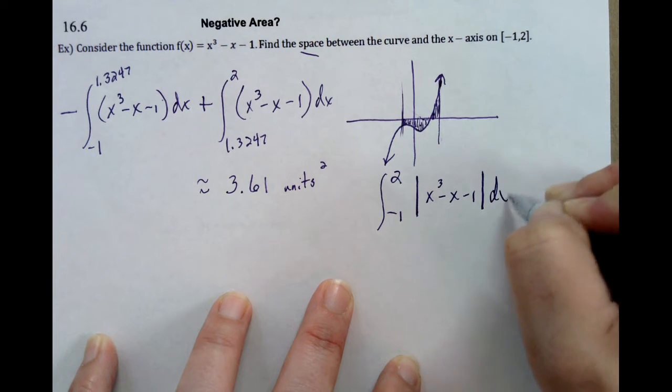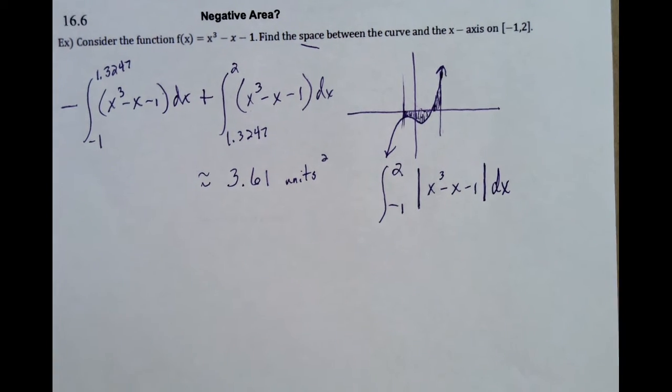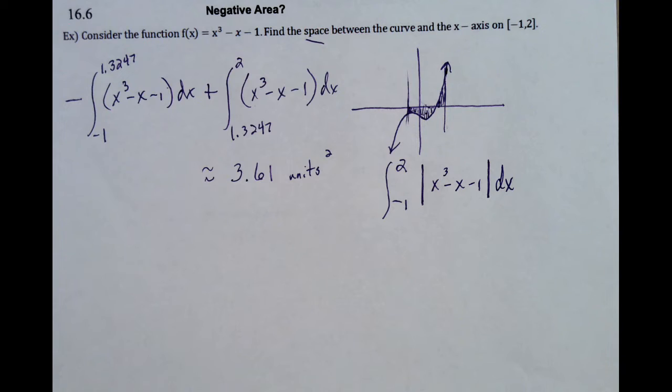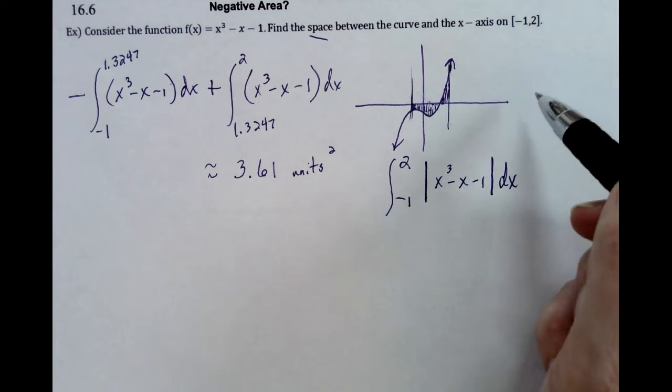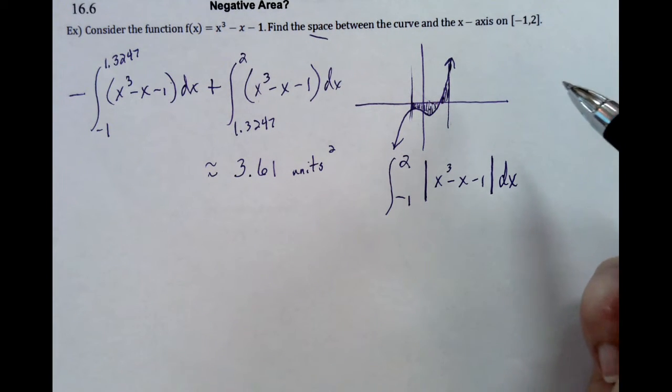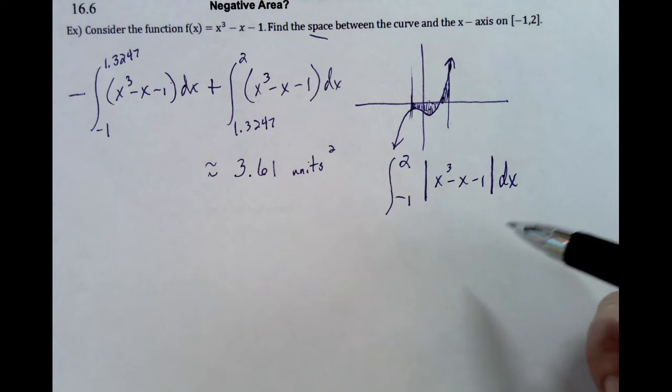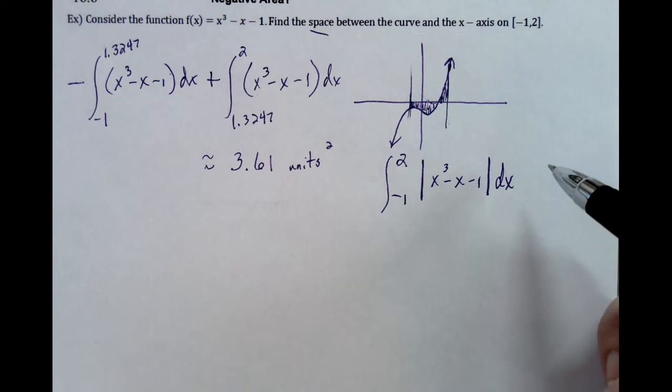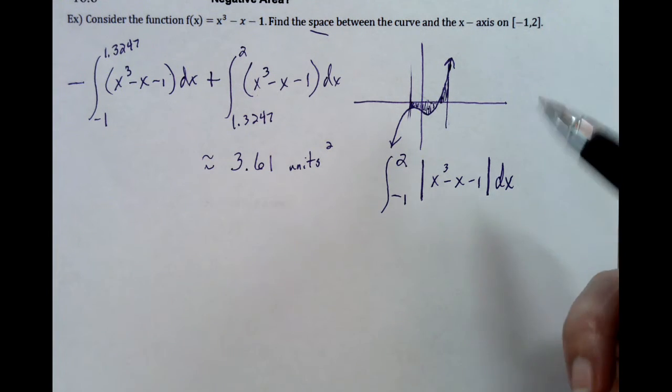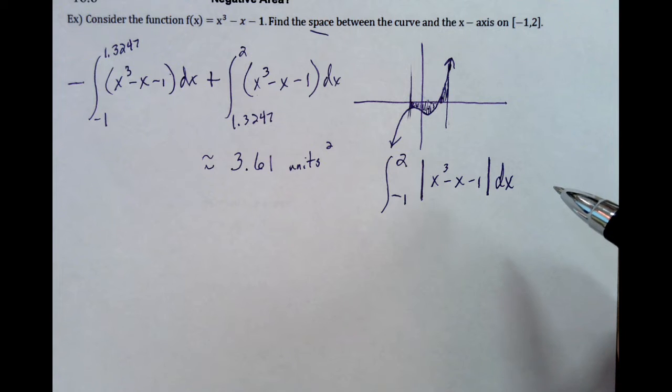So, why would I need to split it up? Like, if I could always do this, why would I need to split it up? No. You wouldn't. Absolute value is cool. Say again? If you didn't have a calculator.